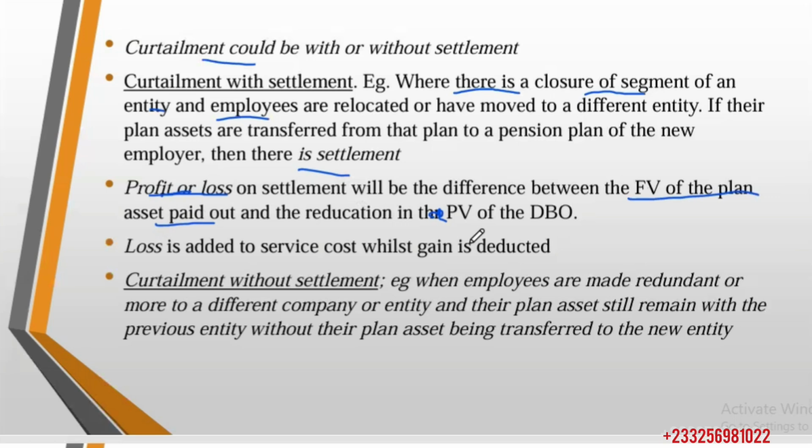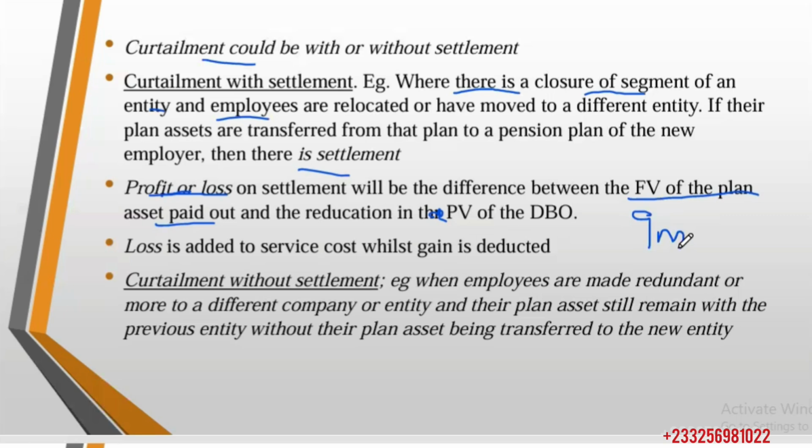You should compare the fair value of the plan asset that you are paying out, the amount of money that you are transferring to the new scheme, and the reduction in your defined benefit obligation. So let's say as they are moving, you transfer 9 million to the new scheme provided by the new employer.